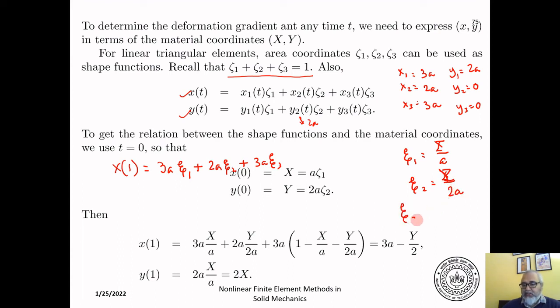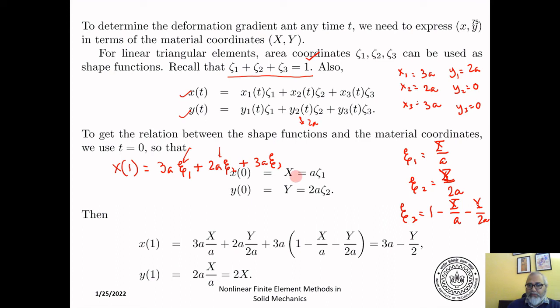Therefore, zeta 3 from here is 1 minus X by a minus Y by 2a. So this is my zeta 1, zeta 2, zeta 3 in terms of the initial coordinates. If I replace zeta 1, zeta 2 and zeta 3 by this, I get a relation between the x coordinate at time t1 and the initial coordinate. So this actually defines the x part of my motion.